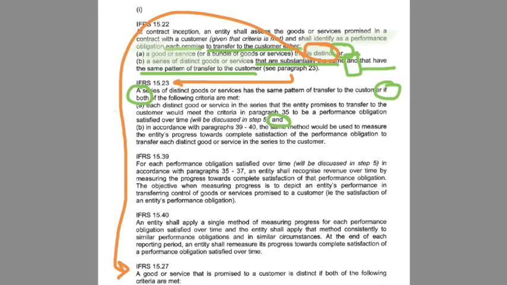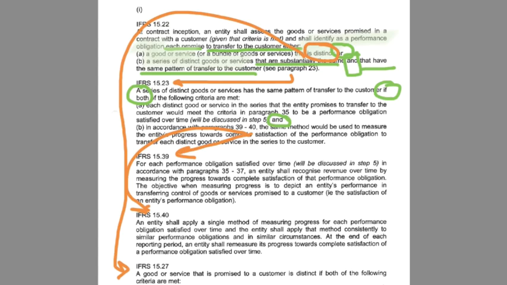So now we are referred to paragraph 39 and paragraph 40. So now we need to go and address paragraph 39 and 40 unless it is specifically excluded in the required.